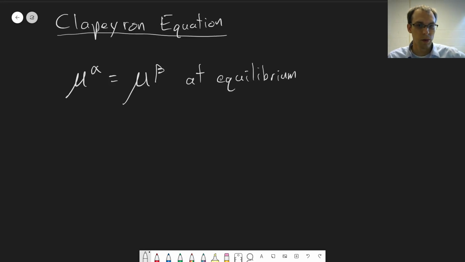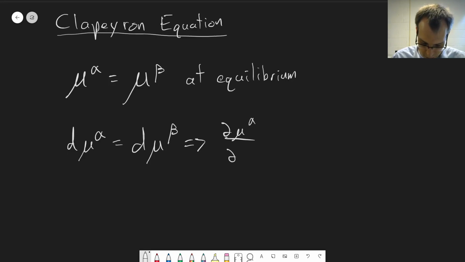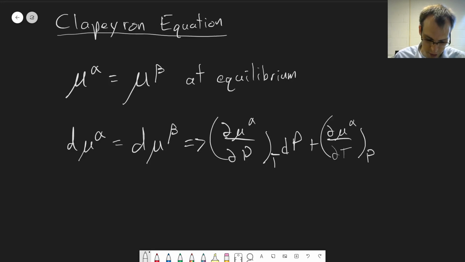Okay, so chemical potentials are a function of temperature and pressure, so we can go ahead and write out their total derivatives, right? Because they're Gibbs energies, and Gibbs energies depend on temperature and pressure. So we can say that a change in mu for alpha is the same as the change in mu for beta. These are just Greek letters, alpha and beta here. Means that we can say d mu alpha dP at constant T times dP plus d mu alpha dT at constant P. So this is just using the fact that mu is a function of temperature and pressure.